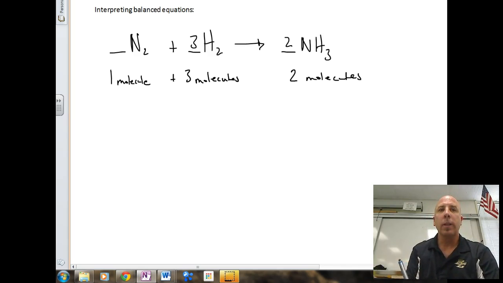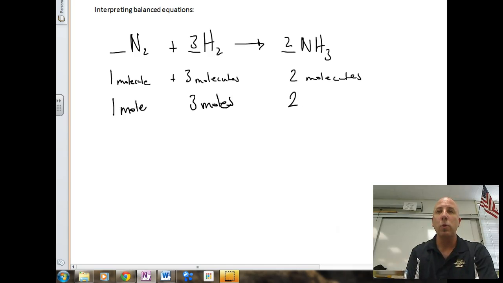We can also look at this in terms of moles. Moles we remember from general chemistry, and we'll get into that in our next video. We could say that we have 1 mole of nitrogen reacting with 3 moles of hydrogen to produce 2 moles of ammonia, NH3.